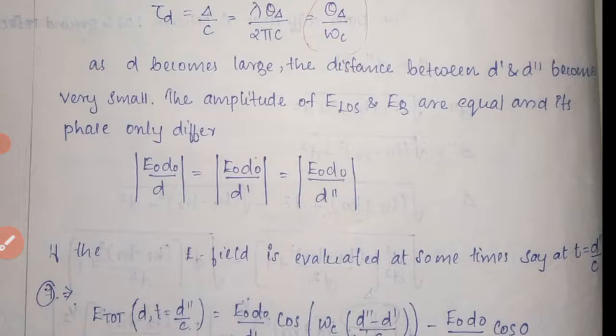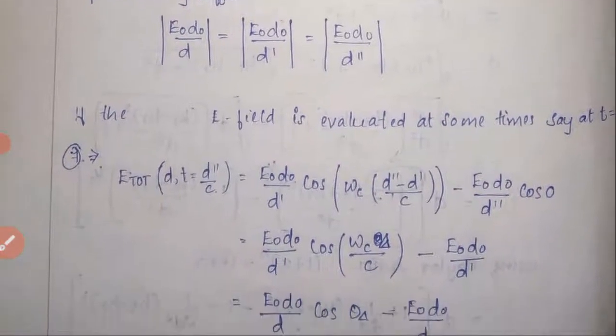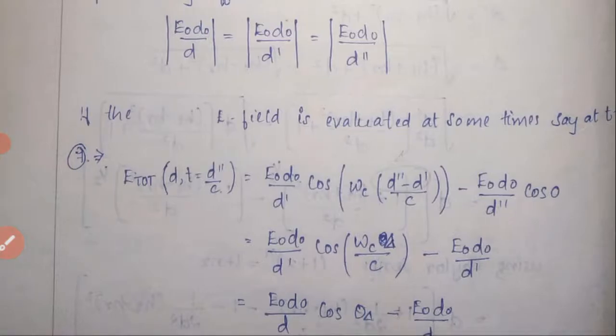If we are going to calculate the total electric field at time t equal to d double dash by c, then we get E total of d comma t equal to d double dash by c, and we substitute in the seventh equation the value of t equal to d double dash by c.